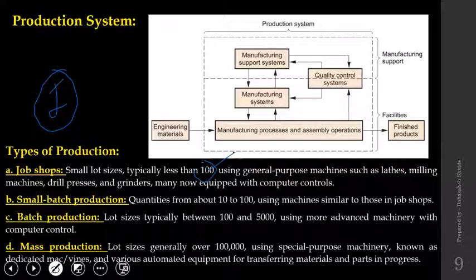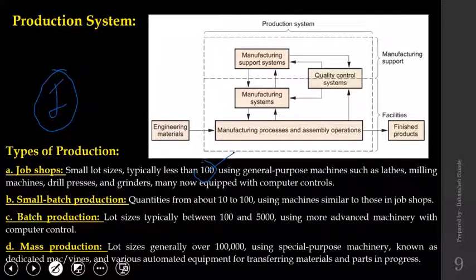In such a scenario you need maximum versatility, because if you manufactured one component and somebody places an order for another component, to cope with that requirement I need machines that have that versatility.